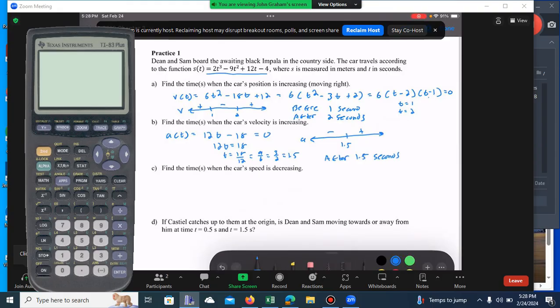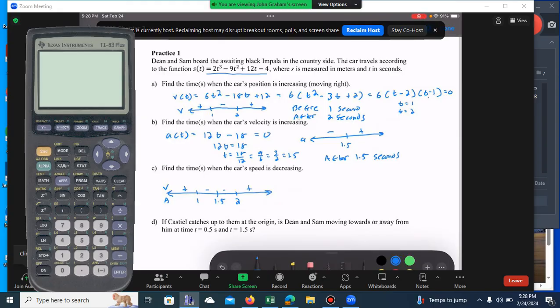Now find the time when the car's speed is decreasing. So we'll line these up now. Velocity on top, acceleration on the bottom. We got 1, 1.5, 2. Velocity is positive before 1, positive after 2, negative in between.